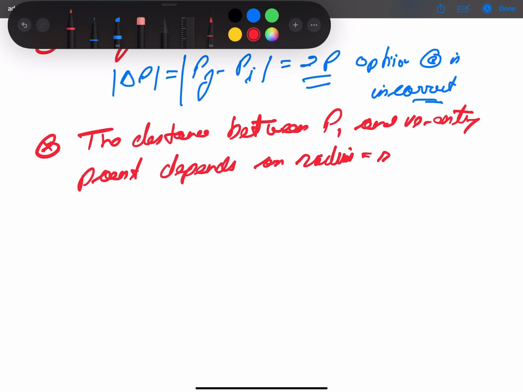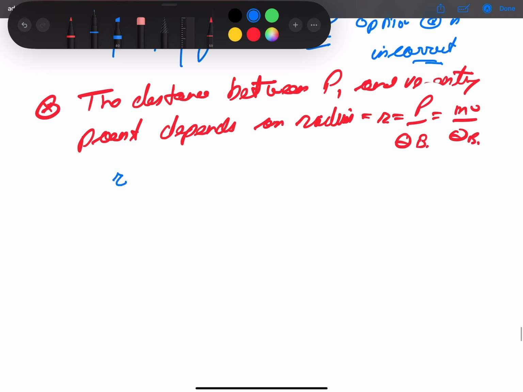And that radius is our P divided by QB, or we can also say it is mV divided by QB. So for fixed value of our velocity, mass and magnetic field, we can write that our radius is directly proportional to mass m.